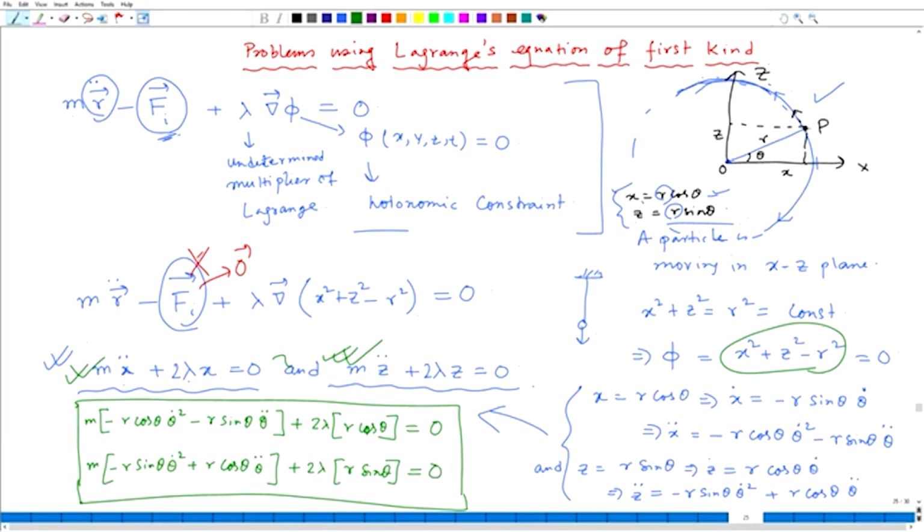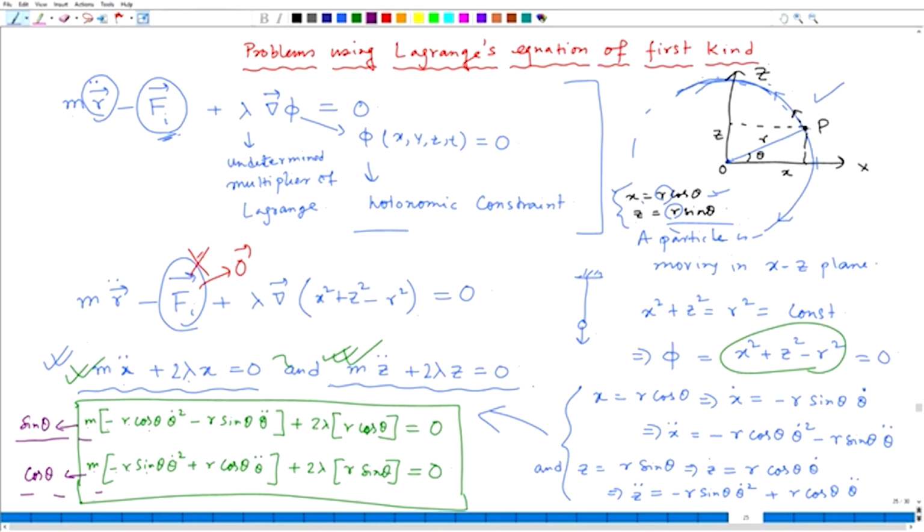Okay. What I can now do is multiply this equation by cos theta and multiply this equation by sin theta. Okay. If I do that and then subtract the first one from the second one, you will see that I will have m minus r sin theta cos theta theta dot square here, and here I will have minus m r cos theta sin theta theta dot square.